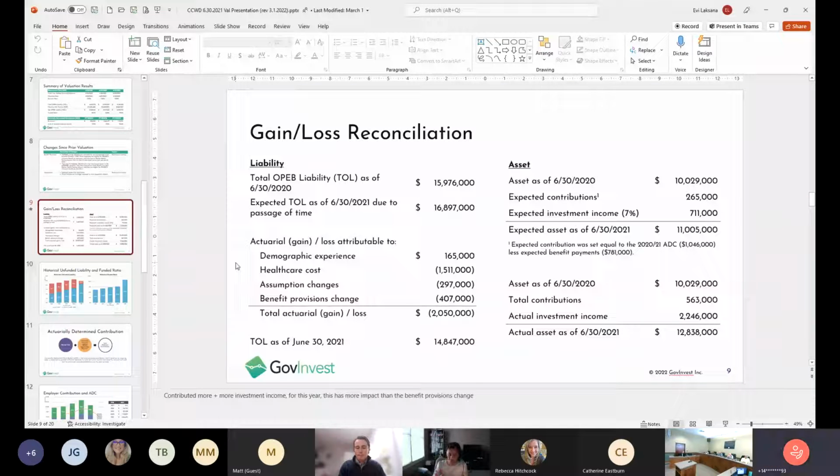I had a call with Michael before, and he asked why the impact is so small. So one thing that I want to mention is that when we do an OPEB valuation, it is based on a snapshot of data.